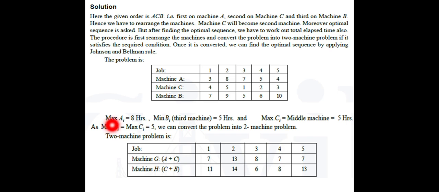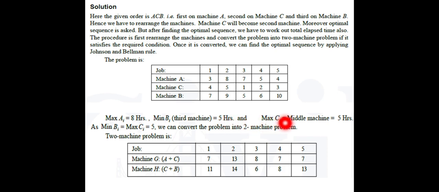The maximum of machine A processing times is 8 hours, and the minimum of machine B is 5 hours. The maximum of machine C is 5 hours. Here, as the minimum of machine B is equal to the maximum of machine C in terms of processing time, we can convert the problem into a two machine problem.